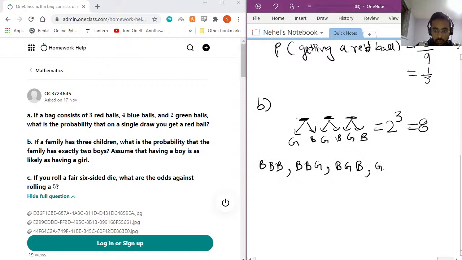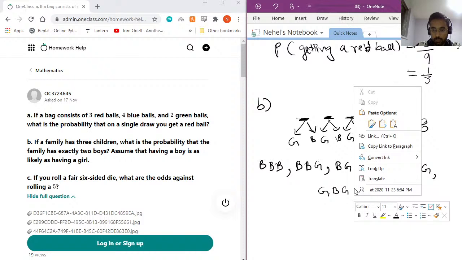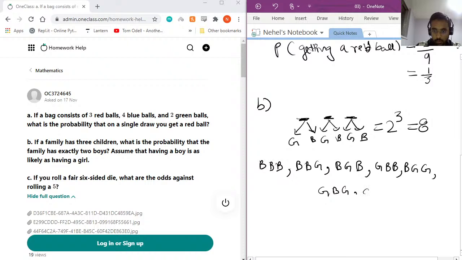And then G, B, B, B, G, G, G, B, G, G, G, B, and then G, G, G. So all 3 girls. If we count here, these are the 8 possible outcomes which we had initially calculated.